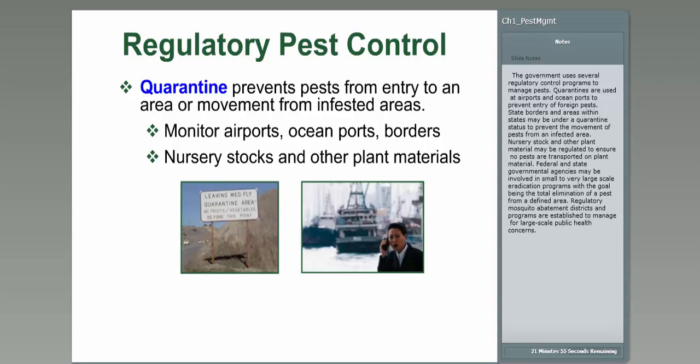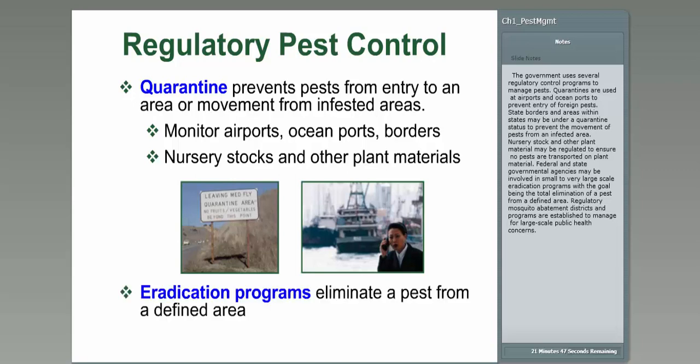Federal and state governmental agencies may be involved in small to very large-scale eradication programs, with the goal being the total elimination of a pest from a defined area. Regulatory mosquito abatement districts and programs are established to manage for large-scale public health concerns.